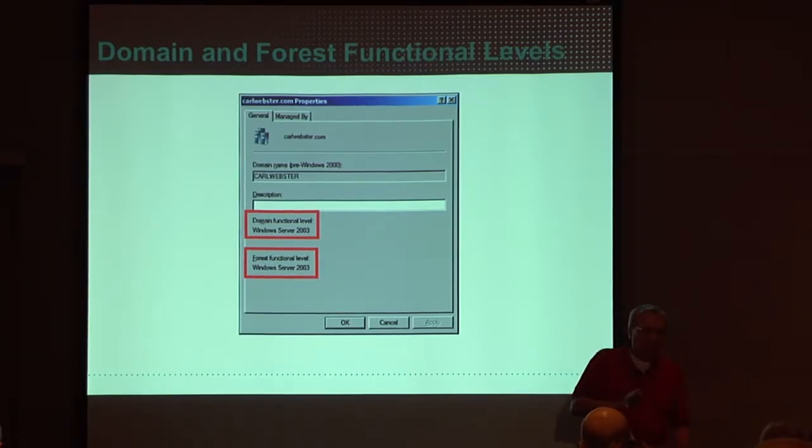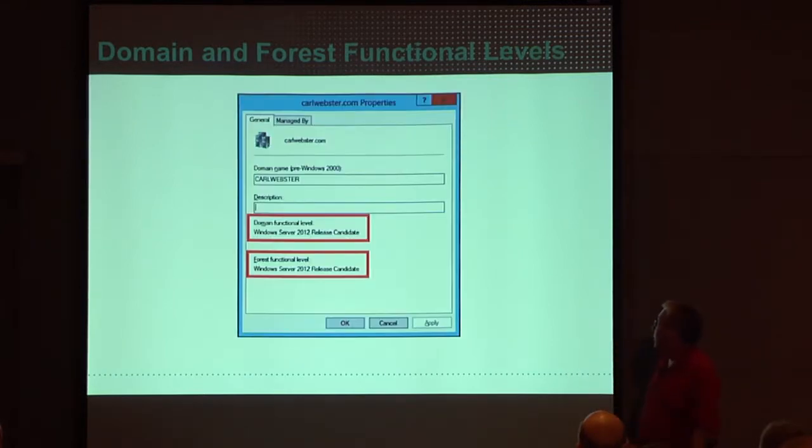Again, that's the minimum level necessary to support a 2008 or an R2 domain controller. When I see this, that means that people are not able to take advantage of things like Kerberos using AES 256 encryption or fine-grained password policies, or if you go up to 2008 R2, the Active Directory Recycle Bin.